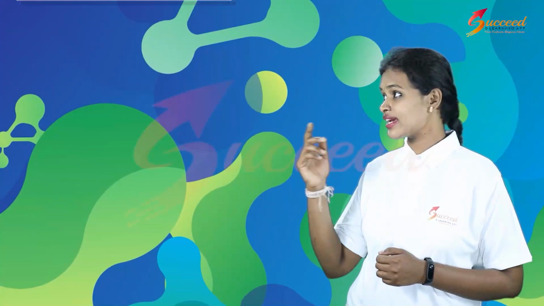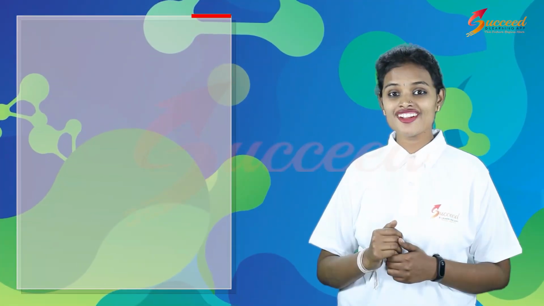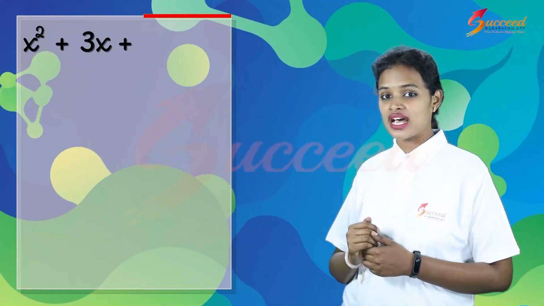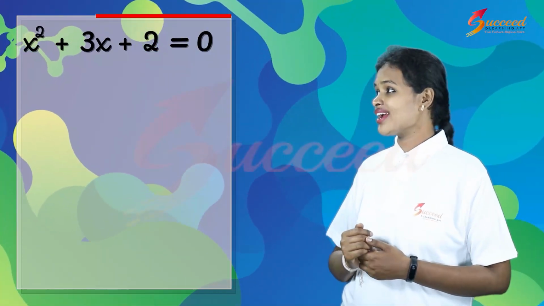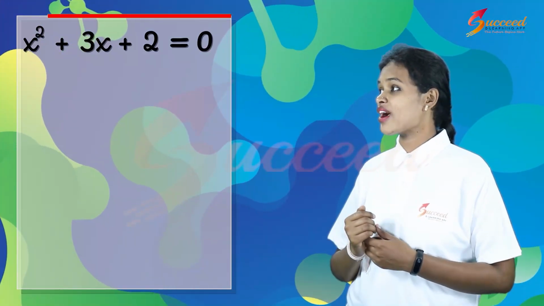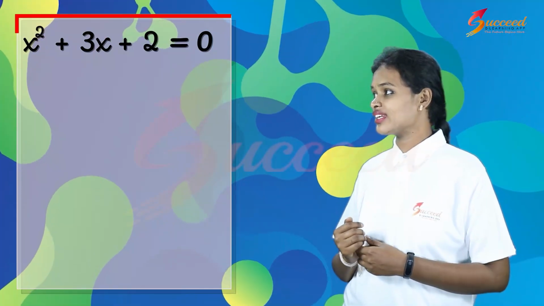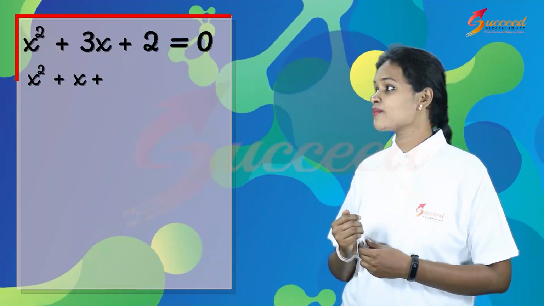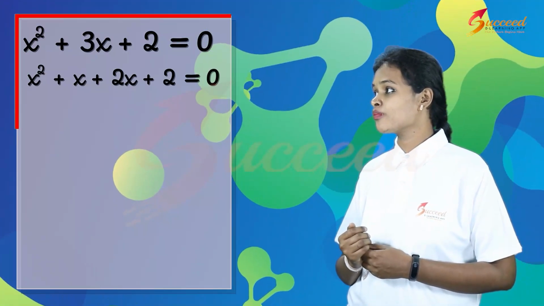Now, let us take an example to understand this concept. Consider the example of x square plus 3x plus 2 equals to 0. It's a quadratic polynomial. Now, let's find its zeros by the factorization method. So, the factors we get in the next step are x square plus x plus 2x plus 2 is equal to 0.